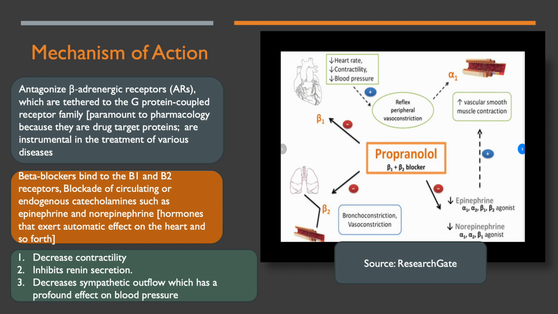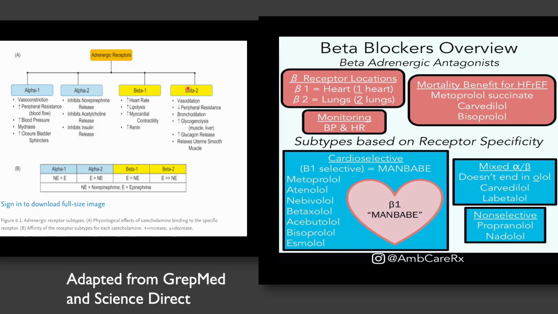The broken arrows illustrate the indirect effects, and the straight arrows that are not broken are the direct effects of propranolol. These diagrams were adapted from GrepMed and Science Direct.